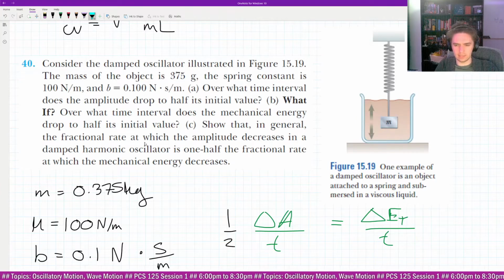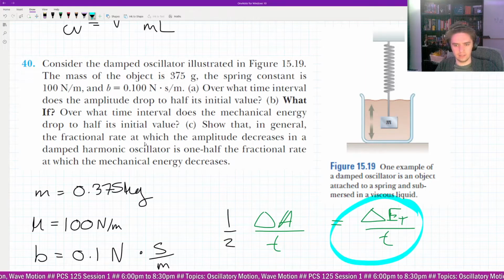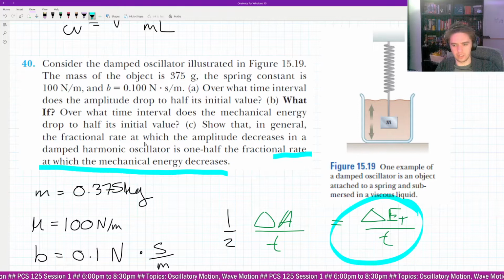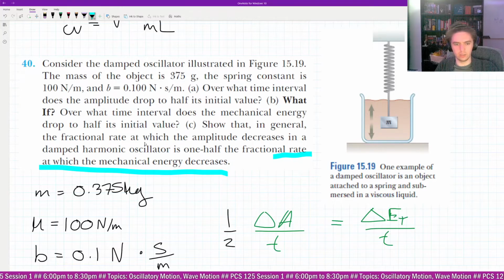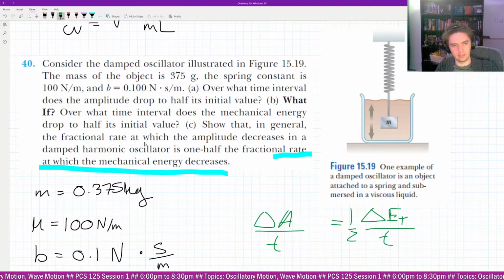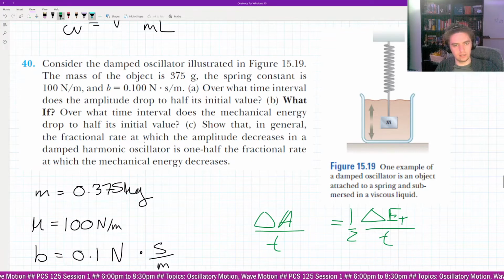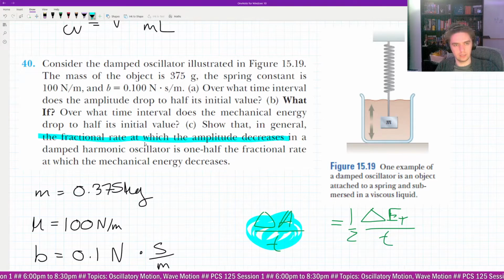But hold on, this is now saying that the fractional rate at which the mechanical energy decreases is equal to 1/2 of the other one, which is the opposite of what we want to say. Right? This is saying that the fractional rate at which the amplitude decreases is half of the other one.